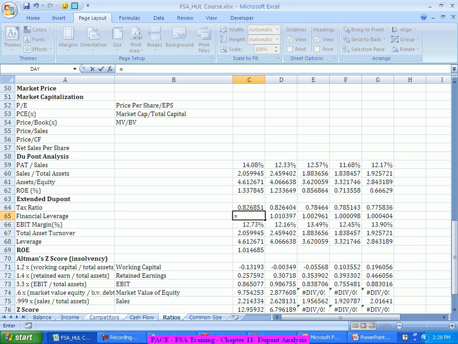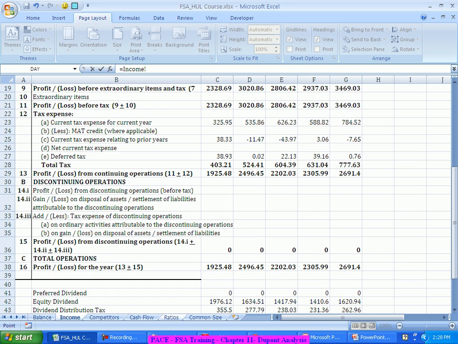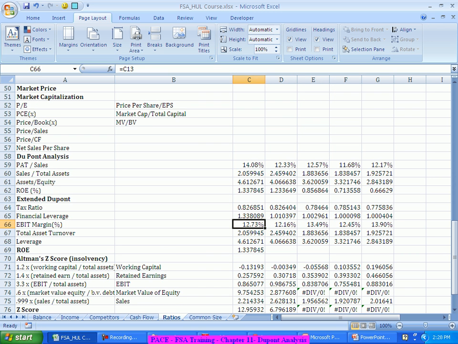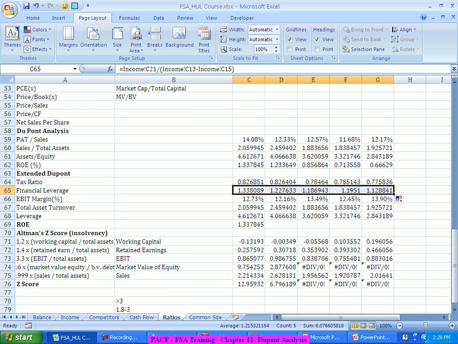Right? So here EBT divided by EBIT, EBT by EBIT is this number. So 1.33 has come down to 1.212 only. Even that number got decreased.